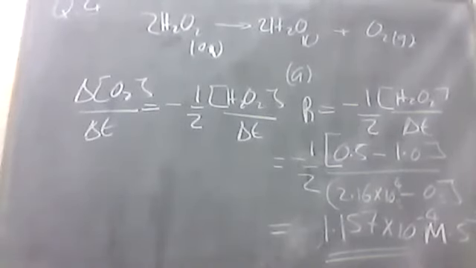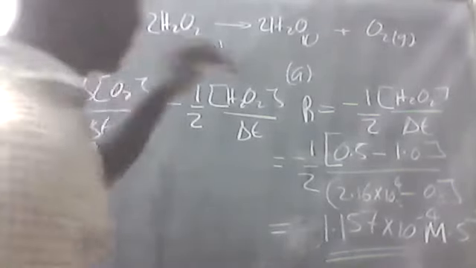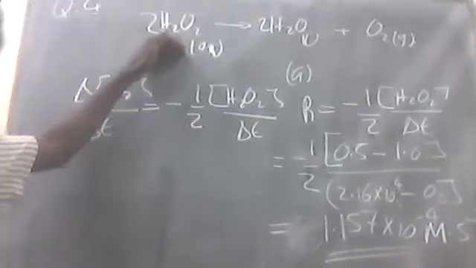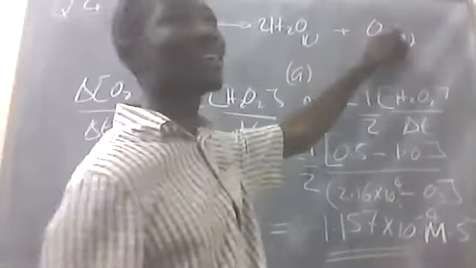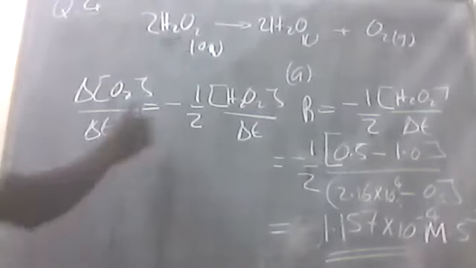What if we just use the same formula? We have been told we are studying the rate of decomposition, and now they're asking us to find the rate of formation of the oxygen.